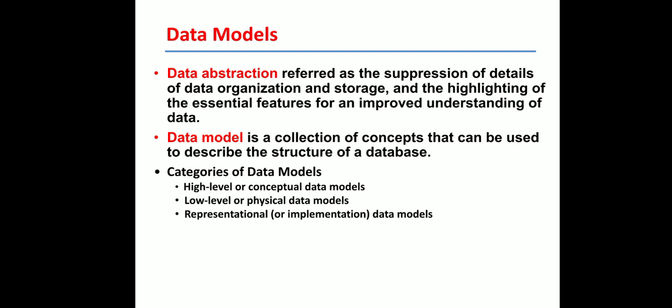It means that we are going to hide the detailed data organization in the storage. We are just viewing the content of the database, but how the database has been stored in the secondary storage is hidden from the user. That concept we call data abstraction.